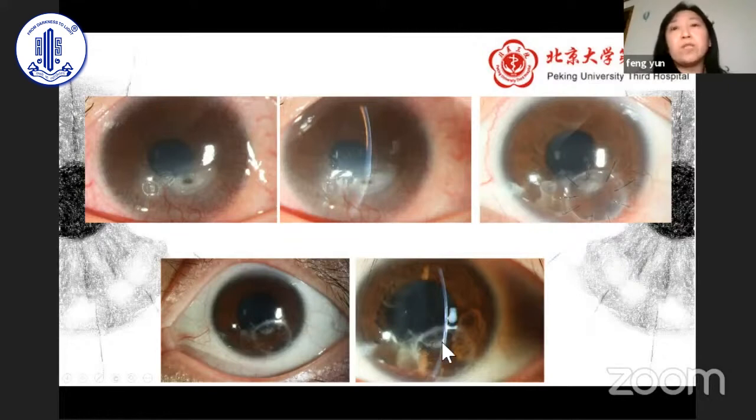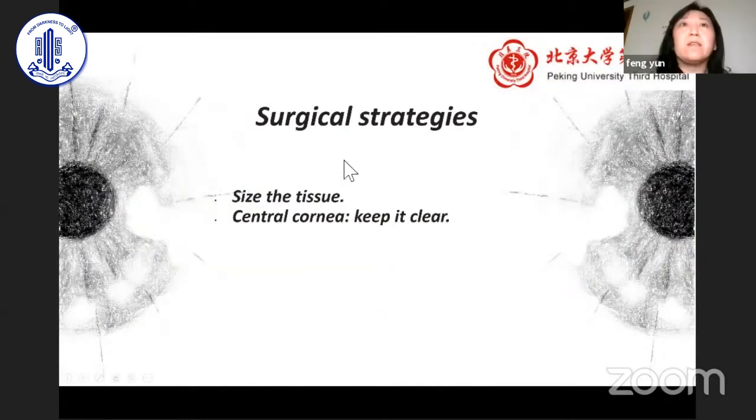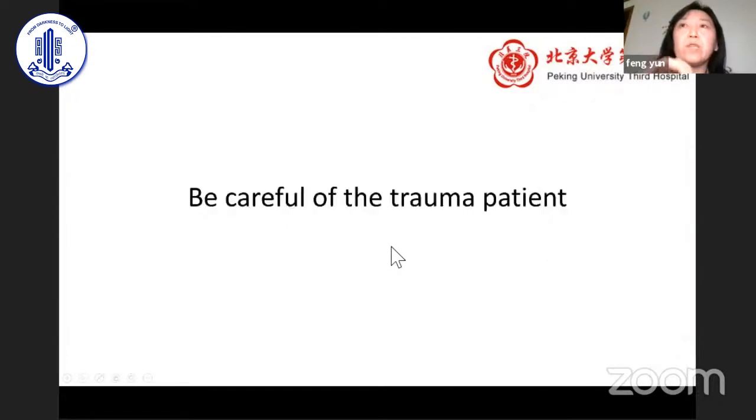We don't seal them; we just use a small piece to seal the micro perforation, and then a slightly bigger piece for the double layer transplant. This gives very good visual acuity and keeps the endothelium there. The surgical strategy for laminar transplantation is to keep the central cornea clear, to gain very good visual acuity.